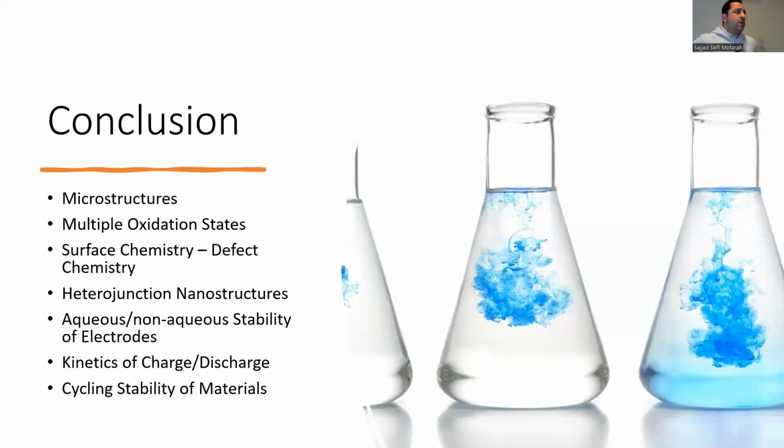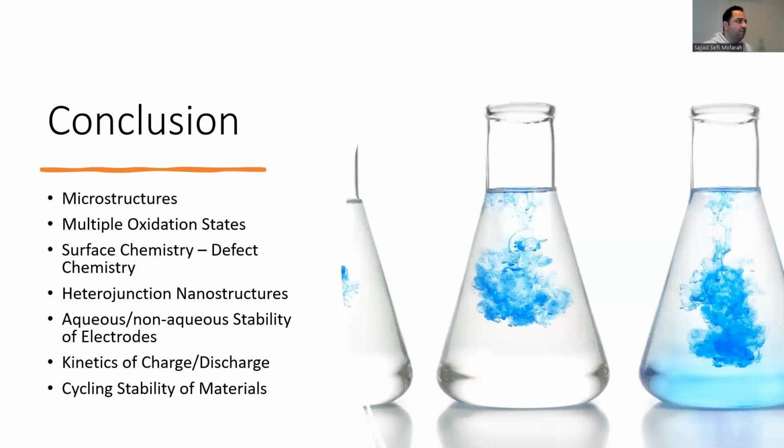Also, you need to take surface chemistry into consideration, and creating and engineering defects, especially at the surface, can improve the performance of your material. Also, heterojunction nanostructures, of which we had an example in this presentation, the hybrid iron oxide that we made.